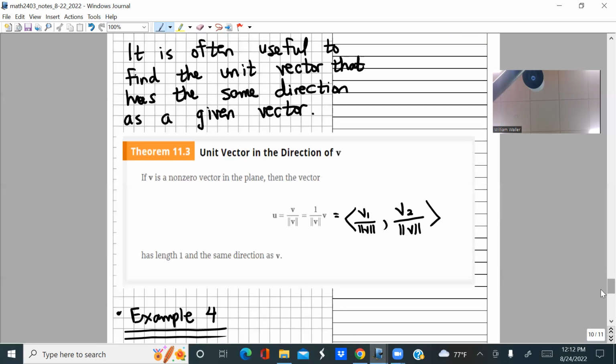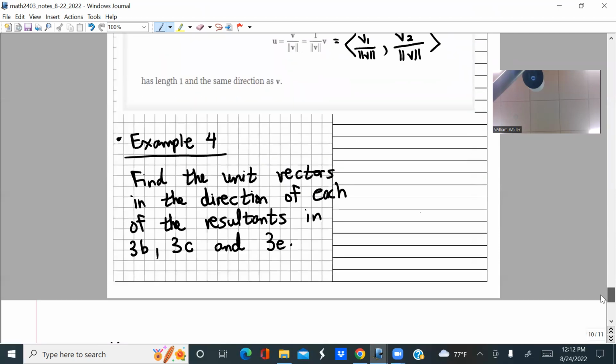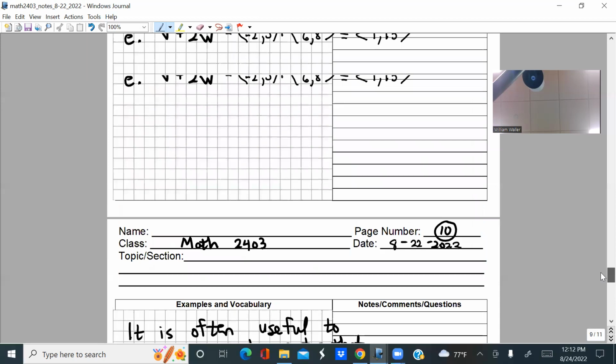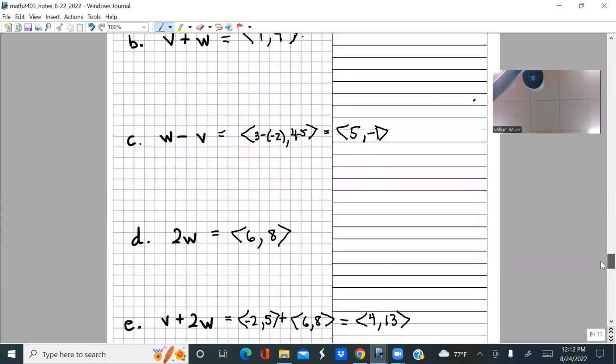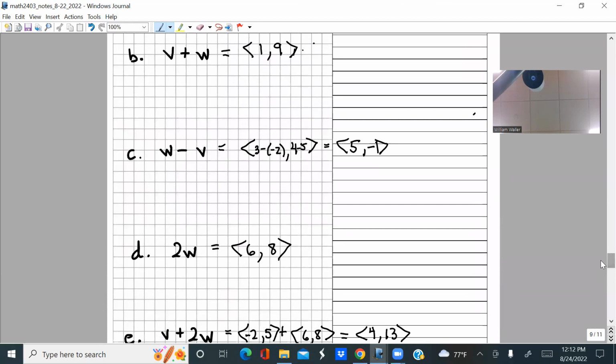Let's do that for three of these vectors that we just discovered, B, C, and E. I think I can get them all on the screen if I try. Yeah, okay. So see if you can find the unit vector that has the same direction as each of these vectors, B, C, and E. This is really just an arithmetic problem because all you have to do is find the magnitude.